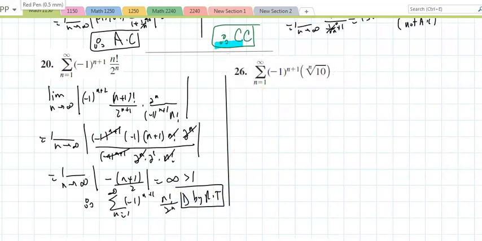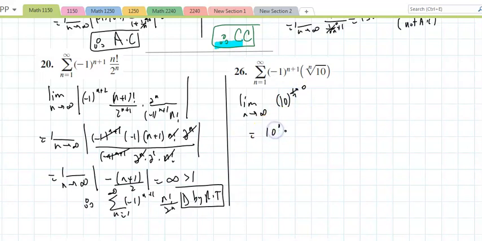Looking at this problem, if I take the limit as n approaches infinity of 10 raised to the 1 over n, as n approaches infinity, this will approach 0.